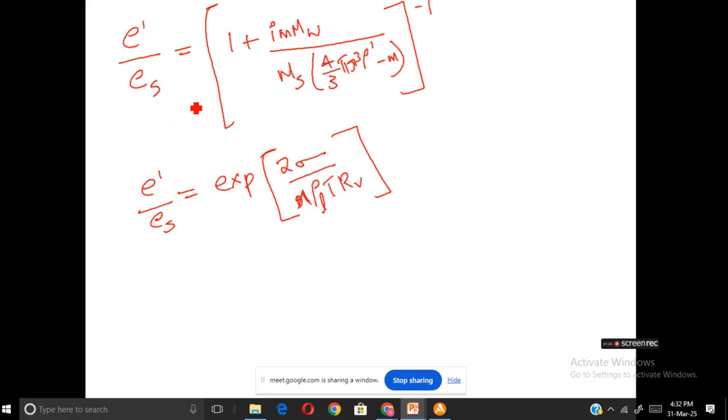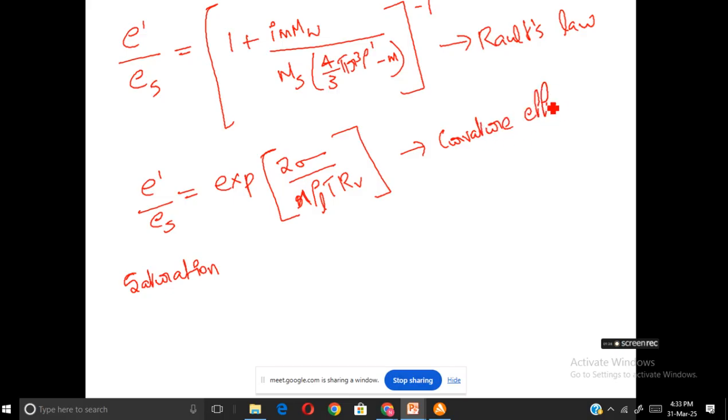If we want to find the equation of the saturation vapor pressure adjacent to a solution droplet with a specified radius r, this is for Raoult's law and this is for curvature. In this case, we haven't considered the curvature of the droplet that is formed.